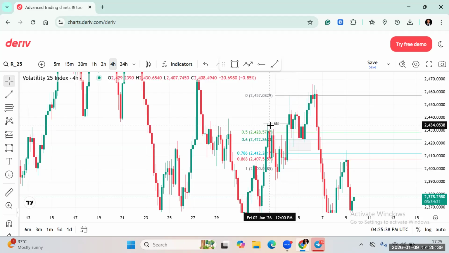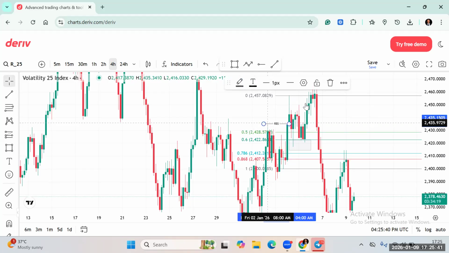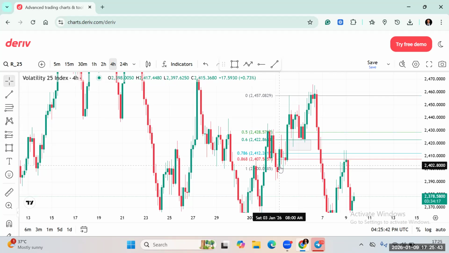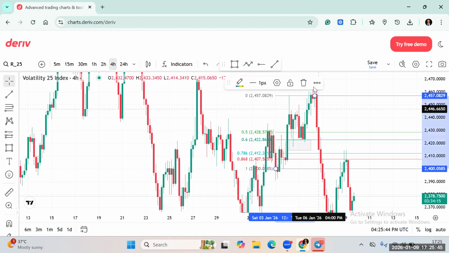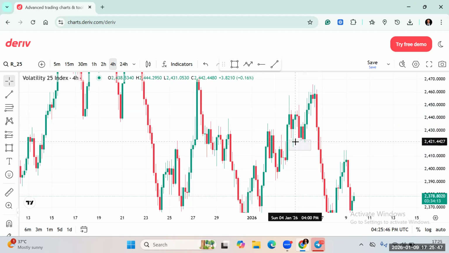So if I now remove these other ones, you go to the 15 minutes time frame. We are going to the 15 minutes time frame to know when price will give us the same setup on 15 minutes and then come back to our POI so that we can enter the buy. So this was on 4th January. Let me go to 15 minutes.